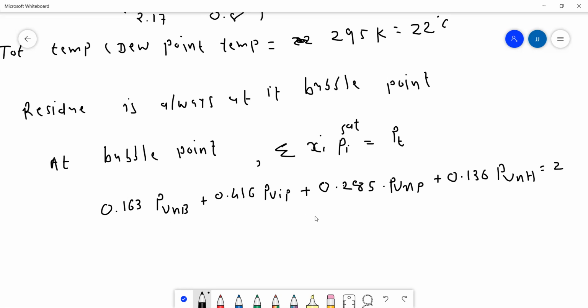isopentane. For n-pentane and n-hexane, the Antoine equation is given as follows.